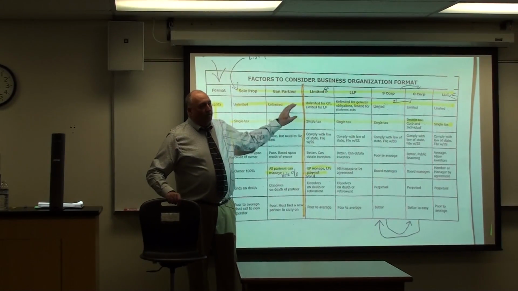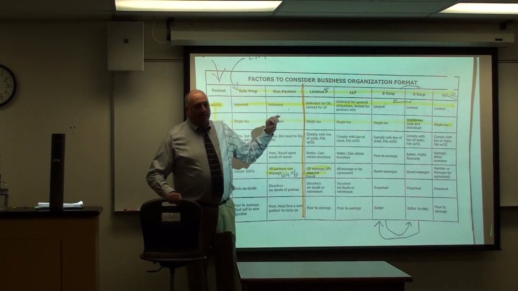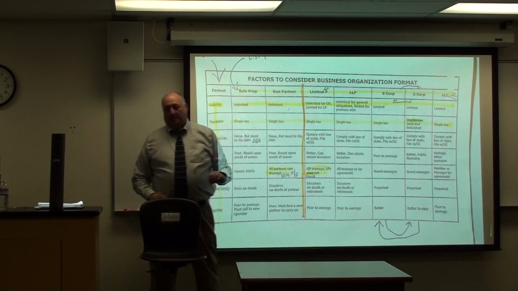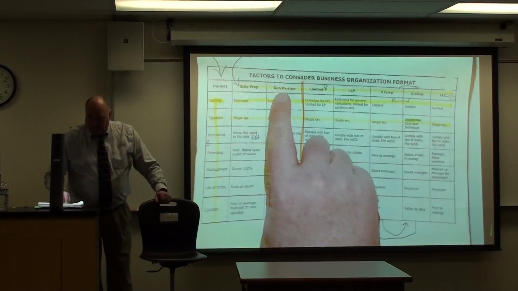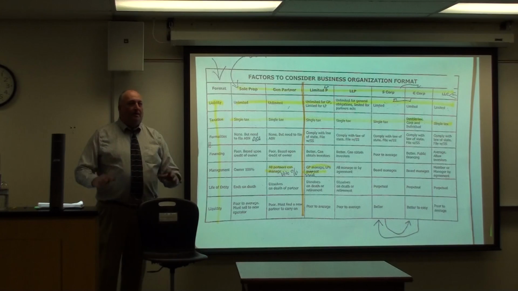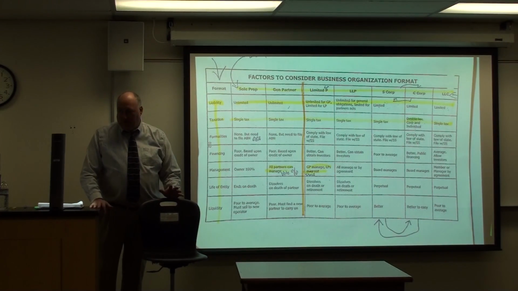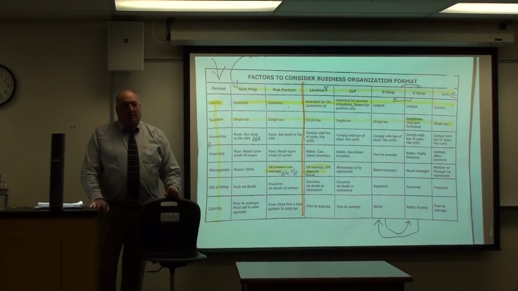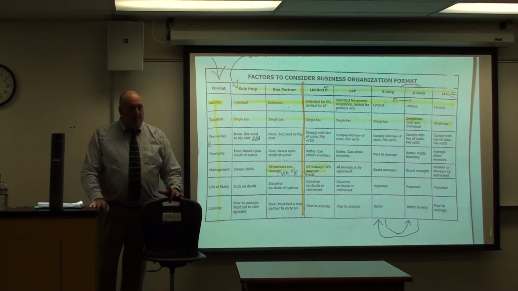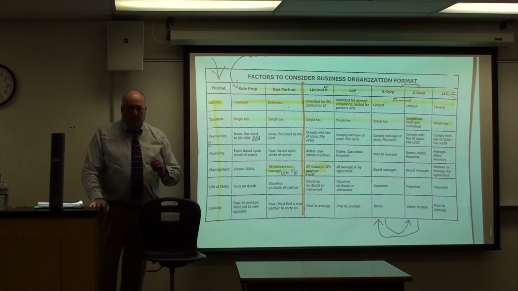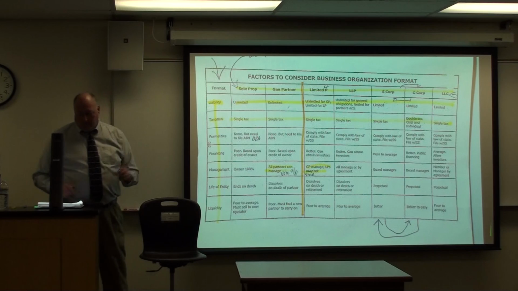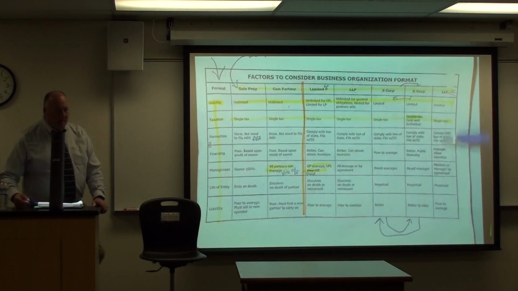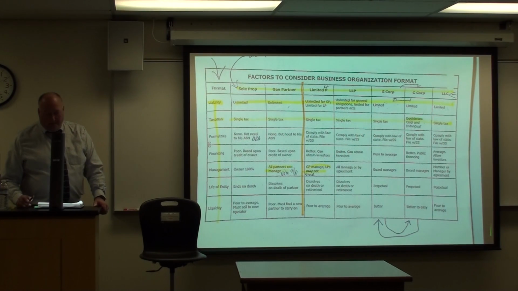So no form of partnership has full limited liability protection. Let me repeat that. No form of partnership has full 100% liability protection for everybody. That's one of the disadvantages of the partnership model for business, and that's partly why we have LLCs, which I'll get to here in a minute.